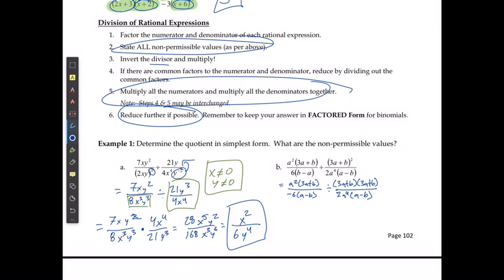I'm going to state my non-permissibles, which in this case are going to be a cannot equal either b, 0, or, if I look up at the top, negative b over 3.